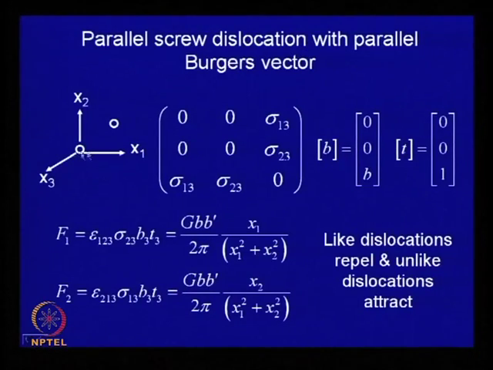Here this dislocation lies along the axis x 3, and we say that another dislocation is here, which is also lying along x 3. Now, the nature of this interaction will obviously depend on the way these dislocations are arranged, and therefore we take a very simple example here.